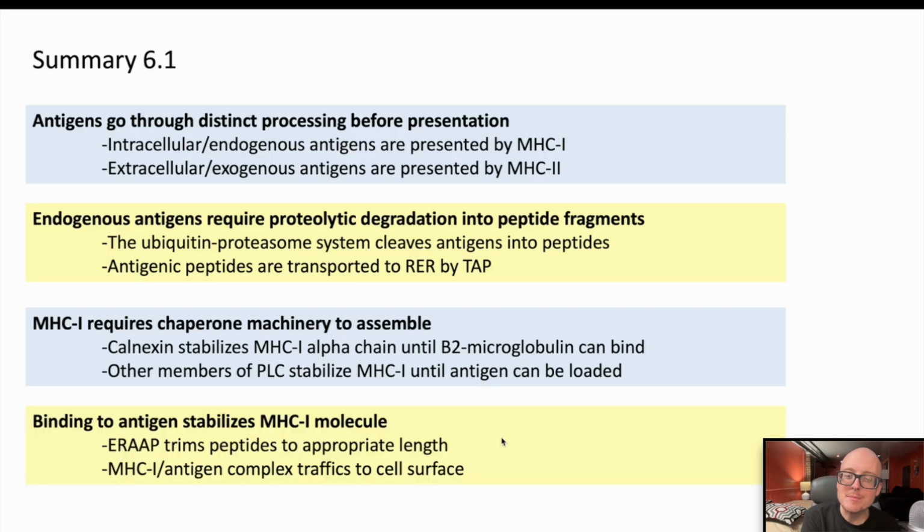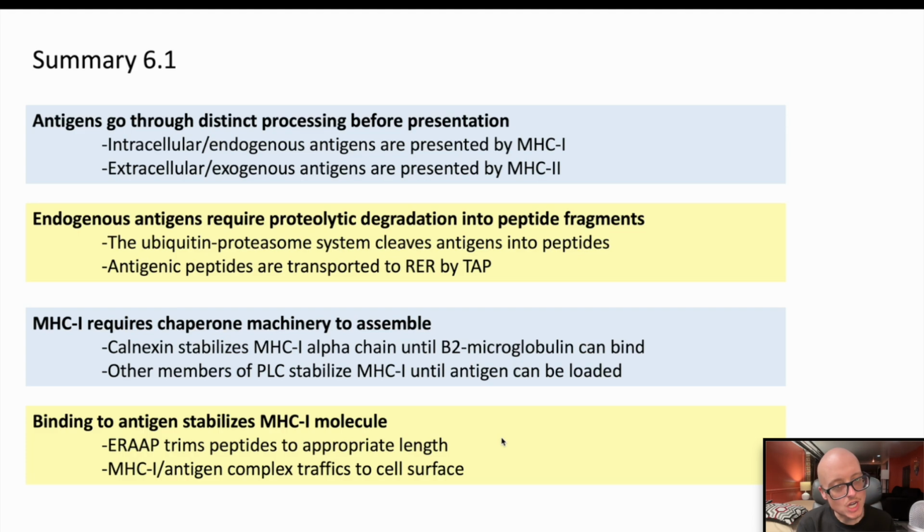But assuming all that happens, antigen loading occurs, and it is further facilitated by peptide editing accomplished by the enzyme ERAP, which trims peptides to the most appropriate, the most high affinity length of 8 to 10 amino acids. And once all of these steps are complete, the complex of MHC class 1 and antigen traffics to the cell surface where it can successfully present that antigen to CD8 T cells.